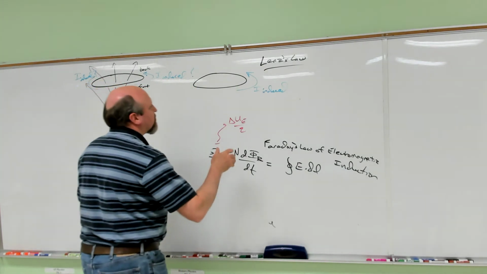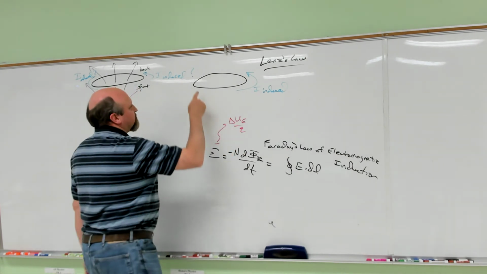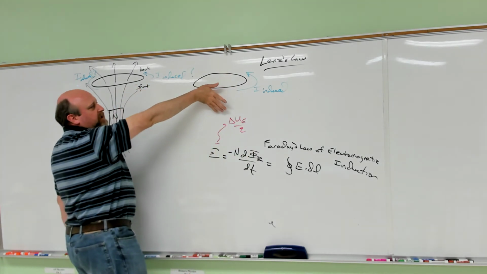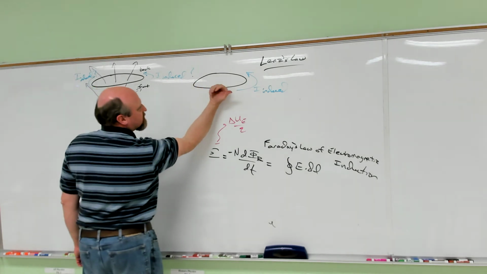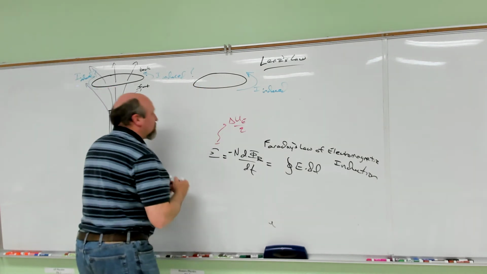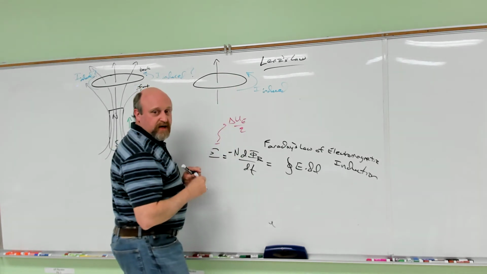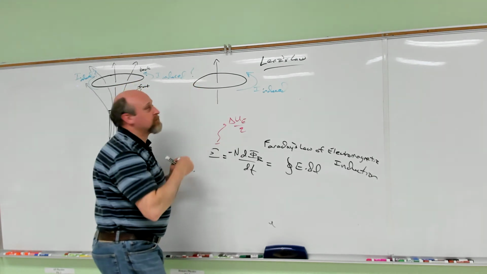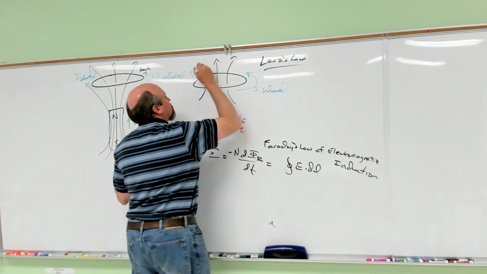I grab the wire with my right hand with my thumb in the direction of the current. If the current's going to the right in front and to the left in back, I grab the wire like this, thumb in the direction of the current. When my fingers loop around the wire, that's how the B field lines would curl around the wire. That means this will make a field that shoots up through the middle of that loop. As it goes around, it'll be going up all the way around. So this would make a field of its own going this way, right?